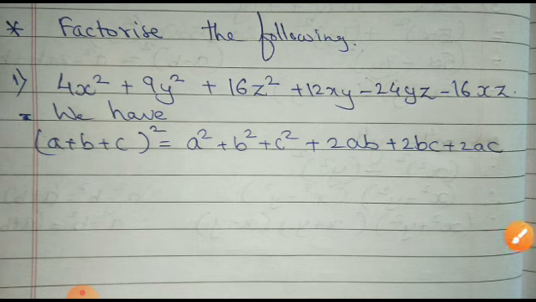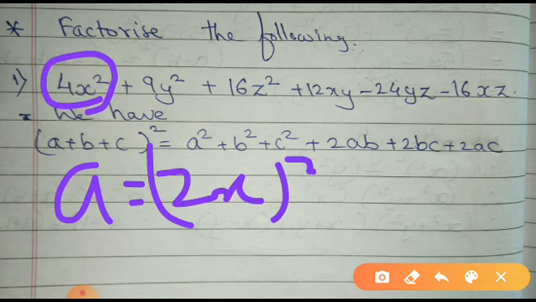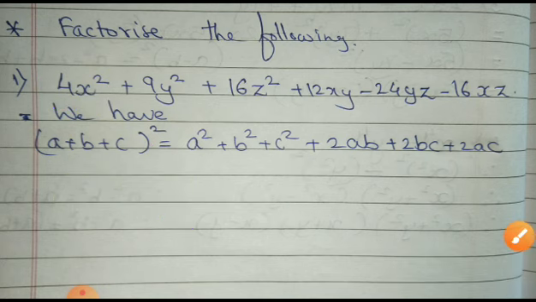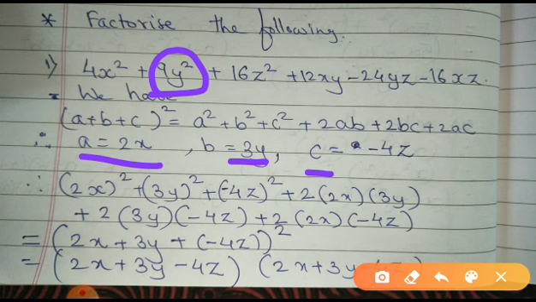Okay, so accordingly just check what are the values of a, b and c. So a, this is square of what? 2x. Not whole square, just write, because I am writing just the values of a, b and c. So my a will be 2x, b will be 3y and c should be what? Minus 4z. Why?